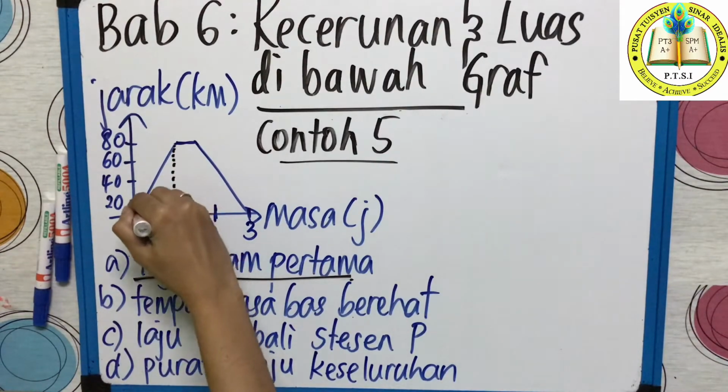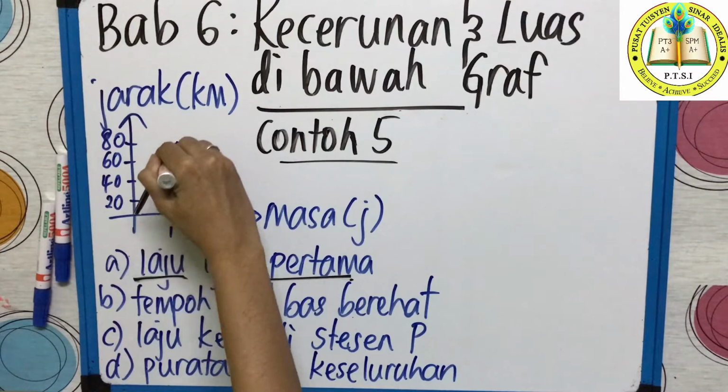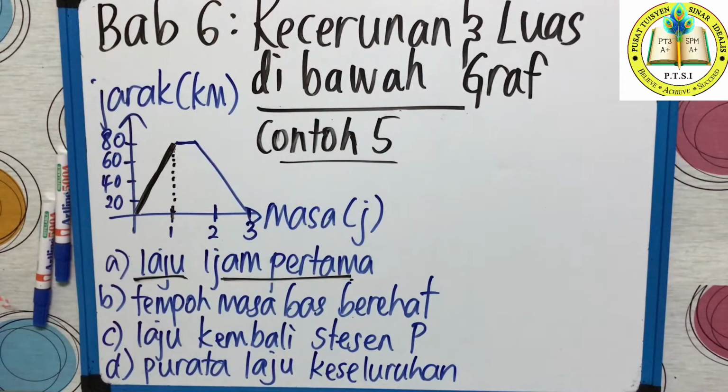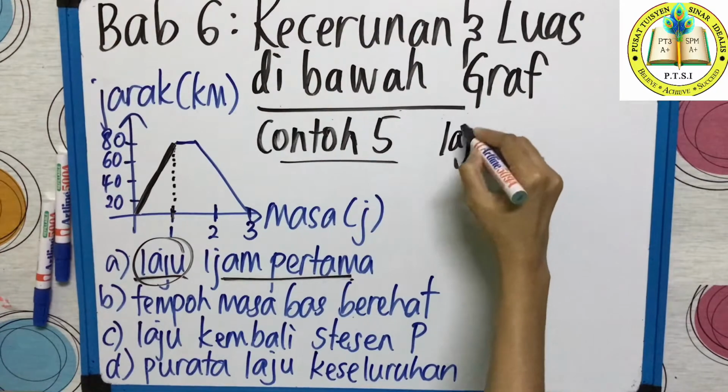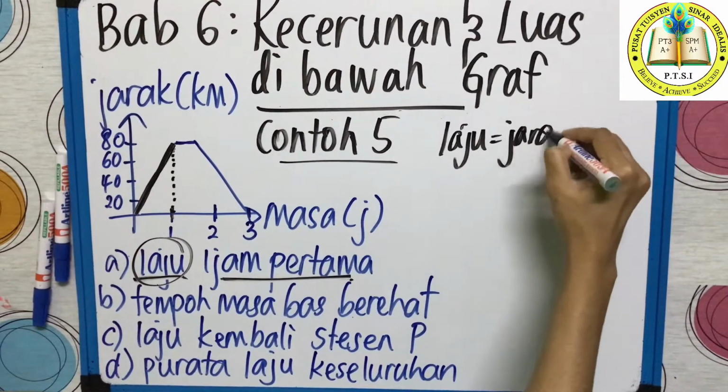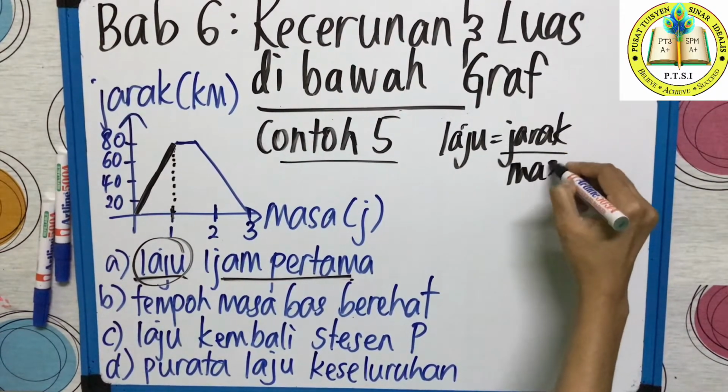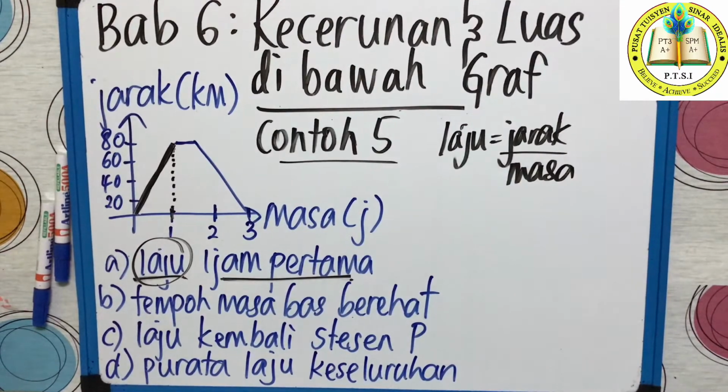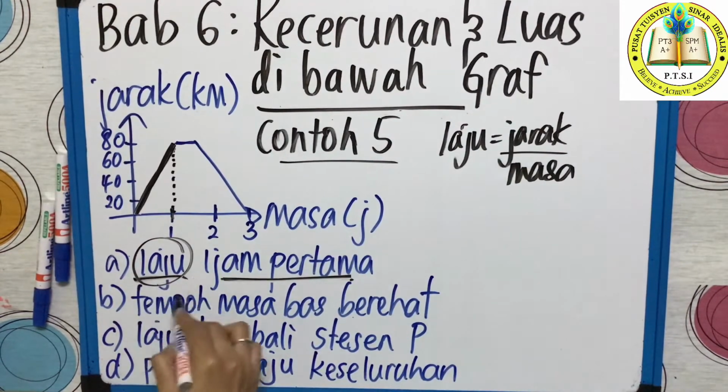This is the first 1 hour. Nampak? Laju 1 jam pertama. So soalan minta laju. Apa formula yang cikgu ajar tadi? Laju sama dengan jarak bahagi masa. Speed equal distance over time. So now they ask you to find the speed.